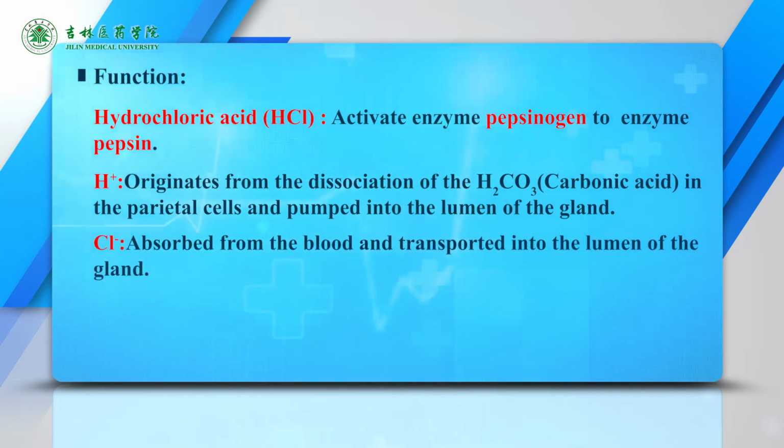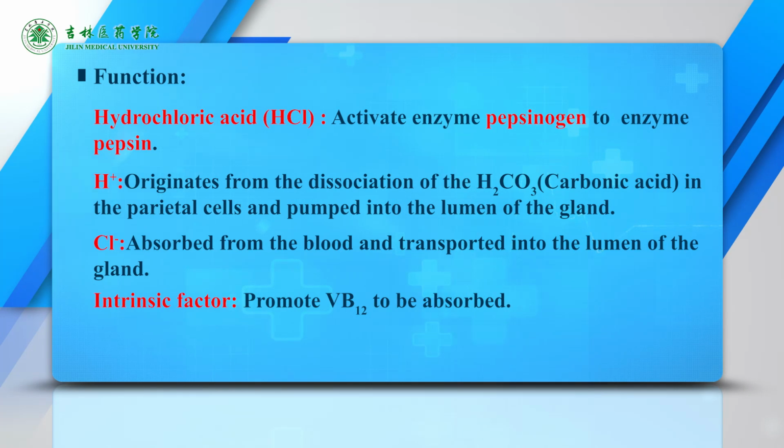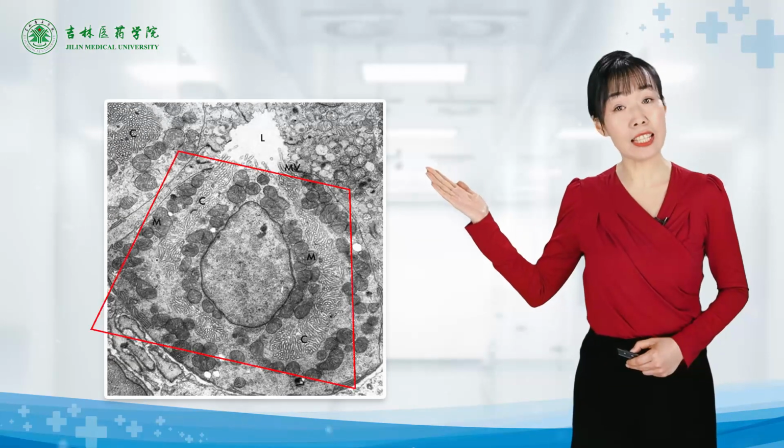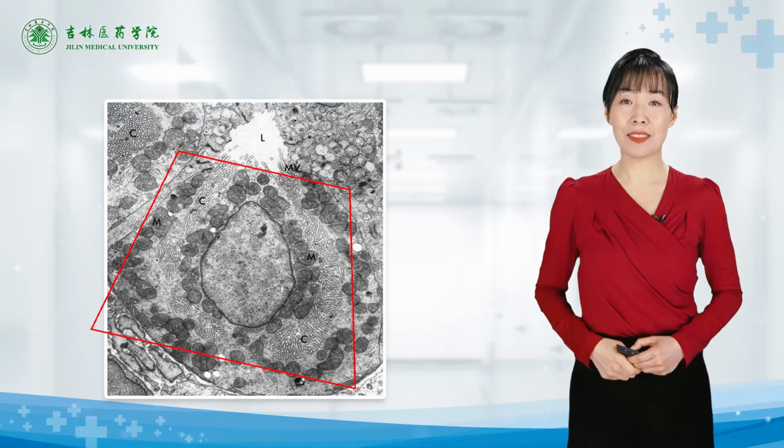Chloride ions are absorbed from the blood and transported into the lumen of the gland. In addition to hydrochloric acid, parietal cells also secrete intrinsic factor, which promotes the absorption of vitamin B12 by the ileum. This is the EM of a parietal cell in the secreting state.